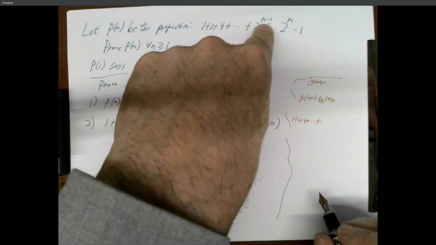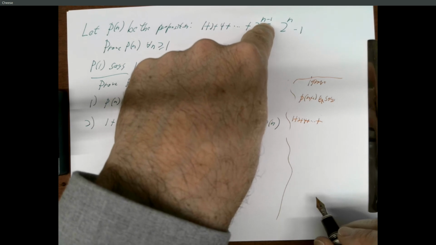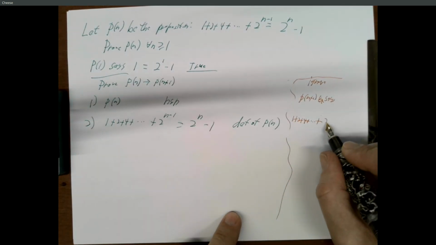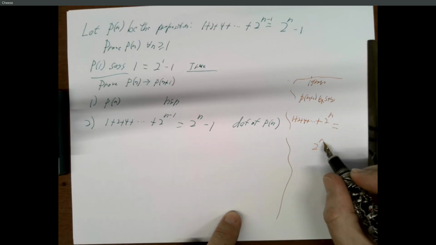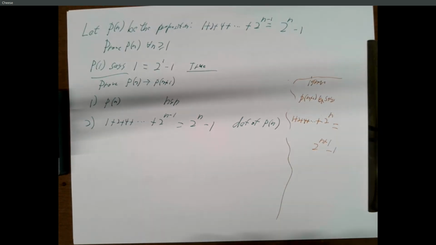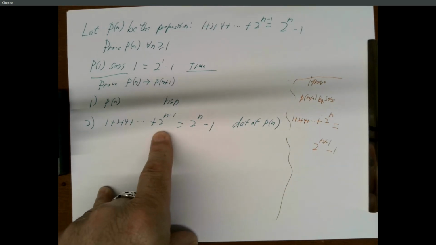Well, if n plus 1 is popped in here, n plus 1 minus 1, this is going to be the sum up to 2 to the n. And that should be equal to 2 to the n plus 1 minus 1. That's what I want to show. Well, how do I go from this to that?